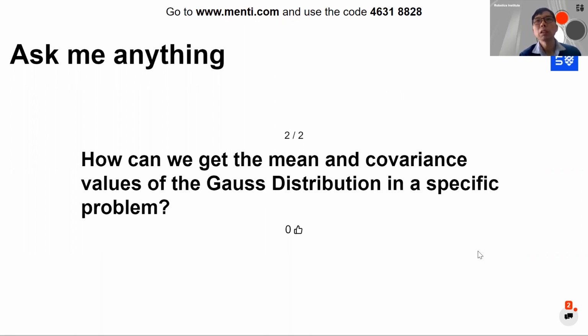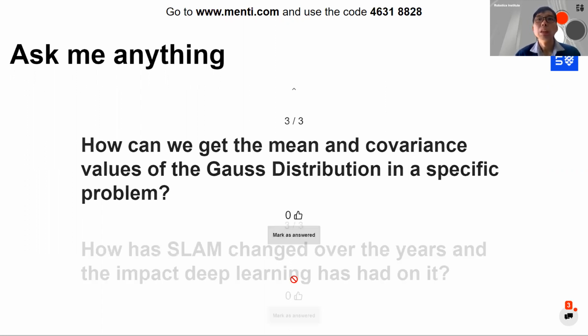And if it's not a Gaussian distribution, you can approximate the sensor noise as a Gaussian. Yeah, that's a sensor model.